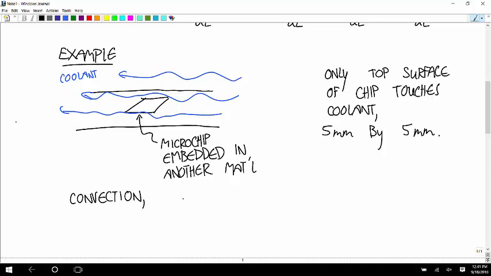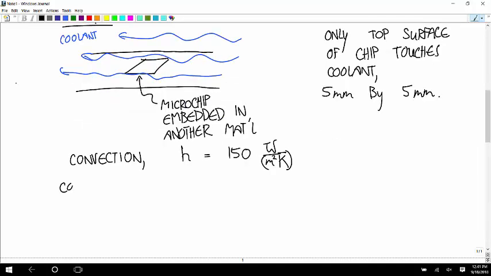And through experiment, we've learned that H, the constant for heat transfer from convection, is equal to 150 watts per meter squared Kelvin. The coolant temperature is 20 degrees Celsius.